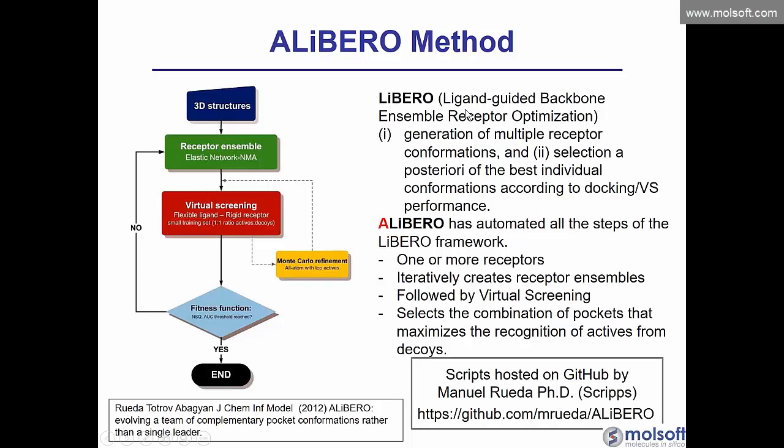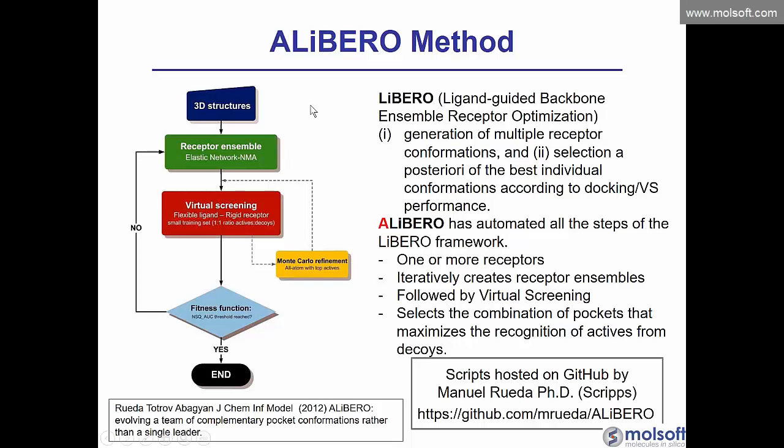It's a ligand-guided method, so it generates an ensemble of receptor pockets. So basically the first step in this method is that you generate multiple receptor conformations, and then you select those conformations that best perform in terms of being able to recognize actives from inactives.